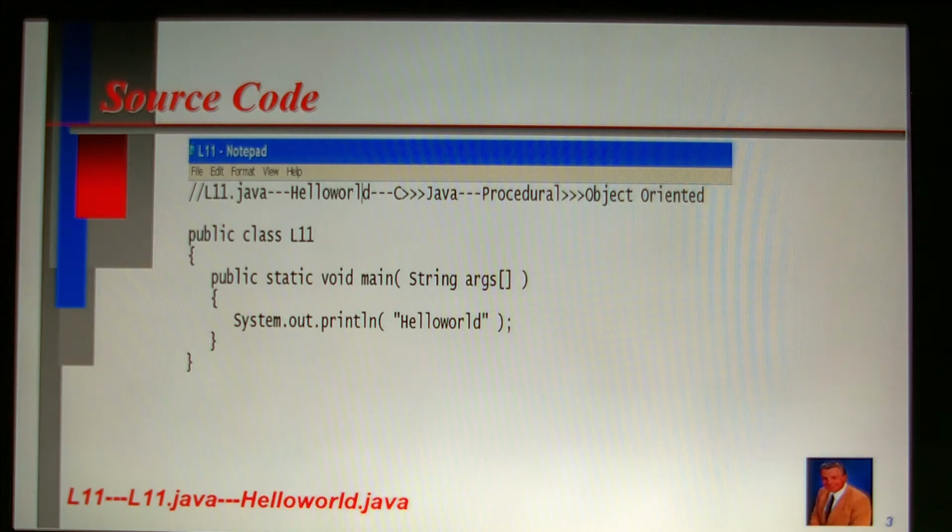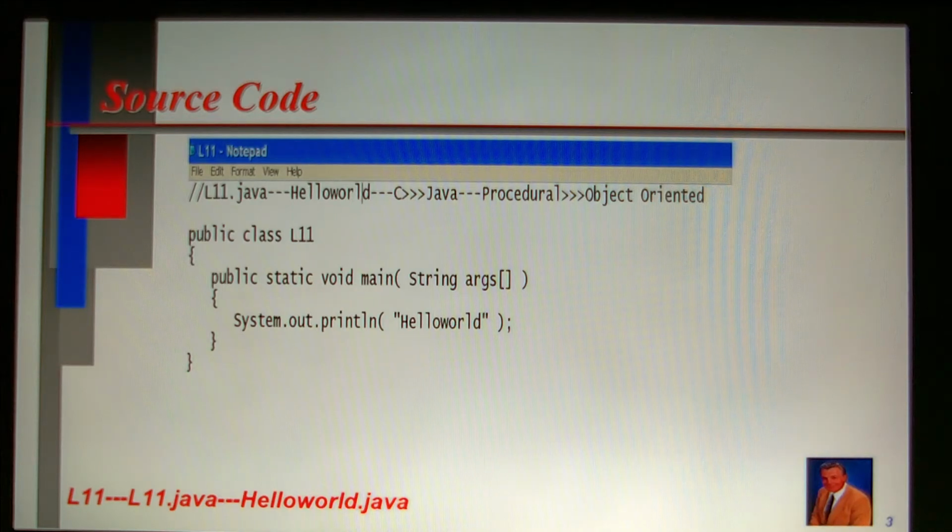Although the syntactical rules are the same for C and Java, major differences exist between the object-oriented paradigm on which Java is based and the procedure-oriented paradigm on which C is based.